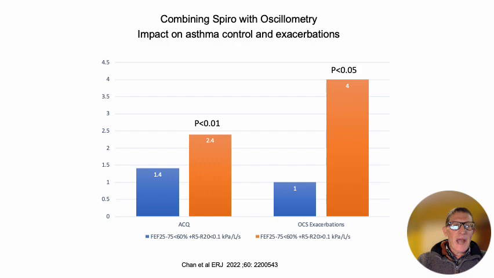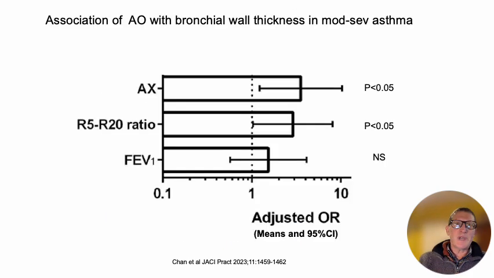So if you look at an impaired FEF 25-75 from spirometry, along with an impaired peripheral resistance R5-R20 from oscillometry, you can see the combination of both abnormal FEF and abnormal R5-R20 is associated with significantly worse asthma control as ACQ score and more frequent exacerbations. So don't take spirometry or oscillometry in isolation. The best predictive value is to combine them together.